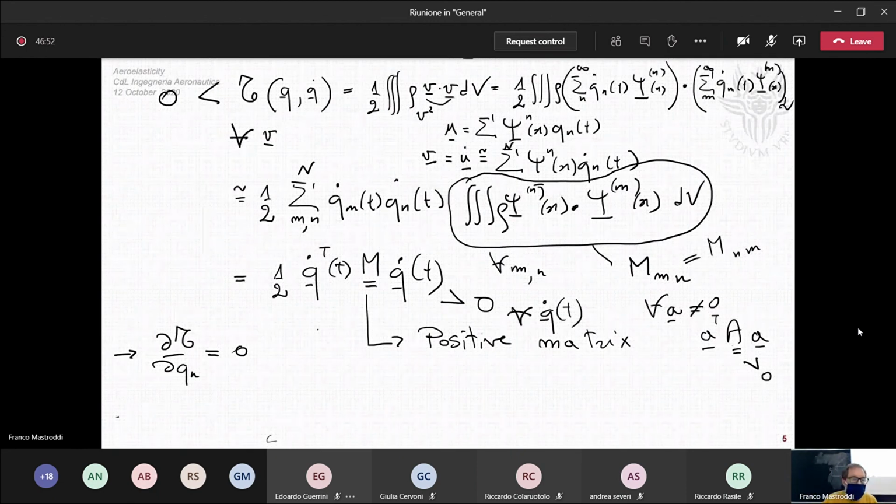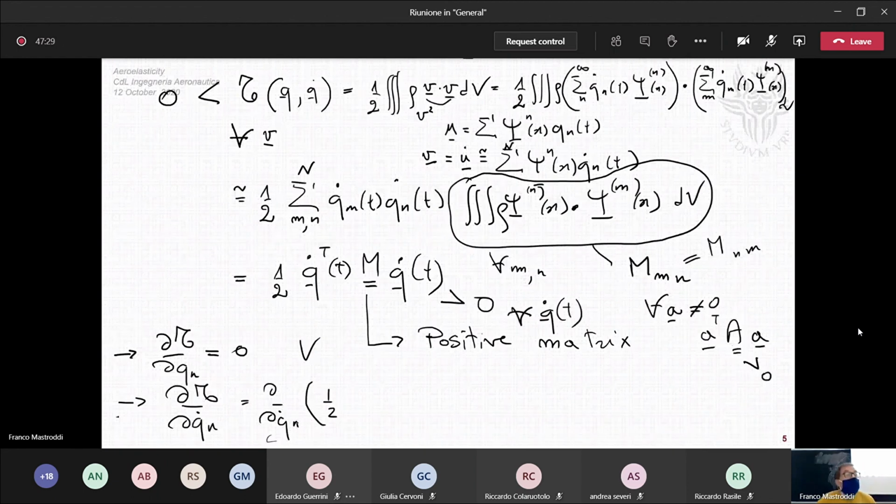Okay, so we have 0 in this part, but if we take the partial derivative of T with respect to Q dot, we have to consider this. And how can we take this derivative? We have a double summation here.